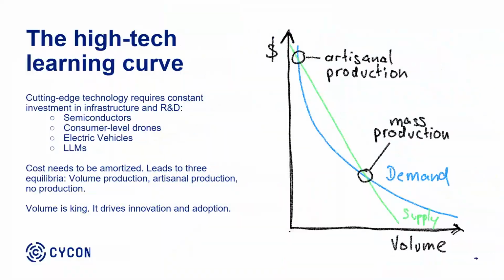So, I'm talking about the high-tech learning curve, and the high-tech learning curve means that for high-tech goods, let it be semiconductors, let it be high-end drones, let it be electric vehicles and electric vehicle batteries, and even LLMs, all of these things have in common that you need to have a constant, big investment in R&D and infrastructure at the same time to continue being able to produce cutting-edge products.